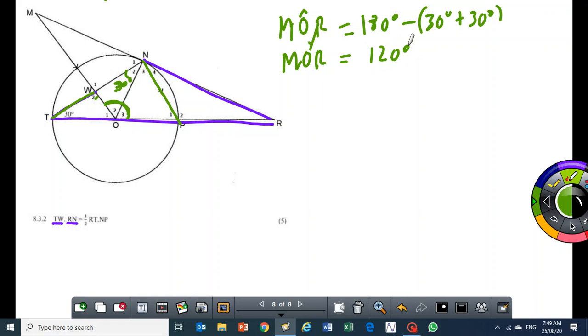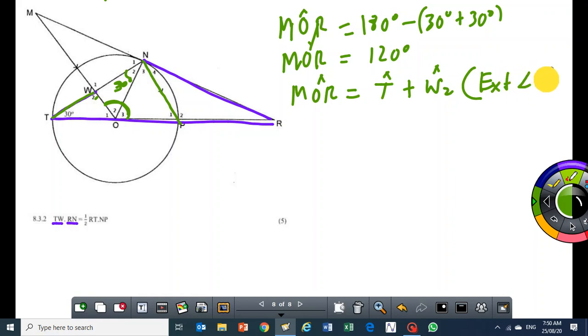Now, this angle here is an exterior angle of triangle OTW. And I know that this is 30, so I'm going to say angle MOR is equal to angle T plus angle W2. My reason for that is exterior angle of a triangle.